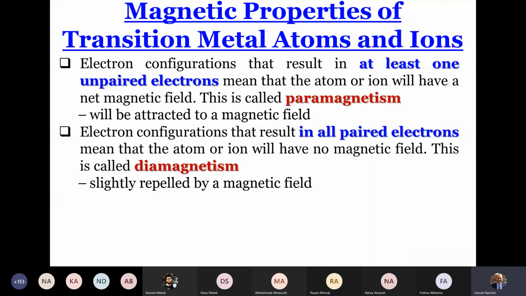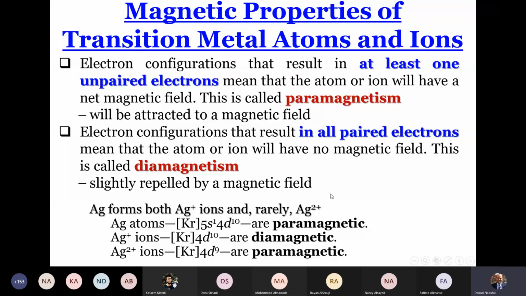And if the electronic configuration does not contain any unpaired electron, it contains only pairs of electrons, so the electronic configuration is saturated. In this case, we say that this atom is diamagnetic. What is the meaning of diamagnetic? That means slightly repelled by a magnetic field.